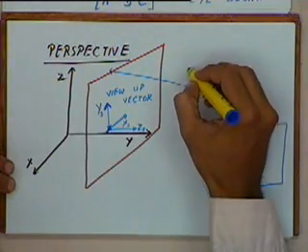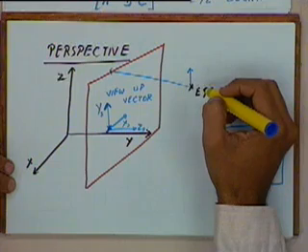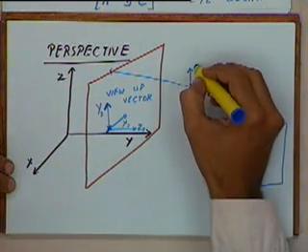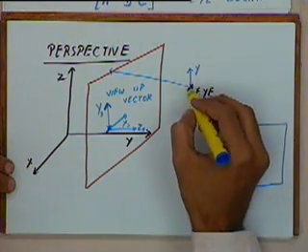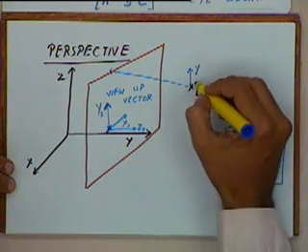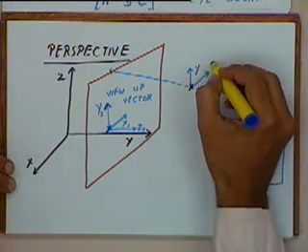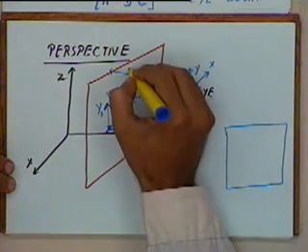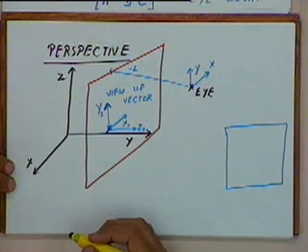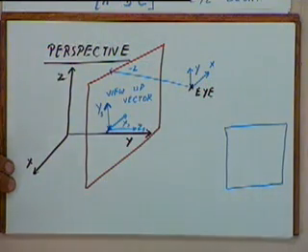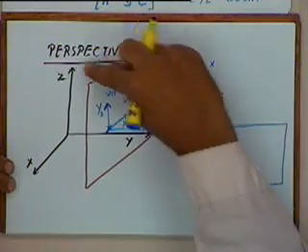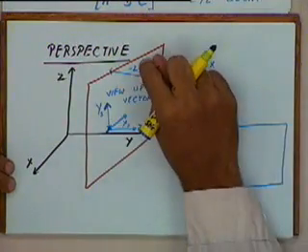Let us say you define this as a view up vector. So let us say this is my y, and we get an x like this. This would be defined normally as a minus z. The direction looking into the plane like this is normally defined as a minus z direction.